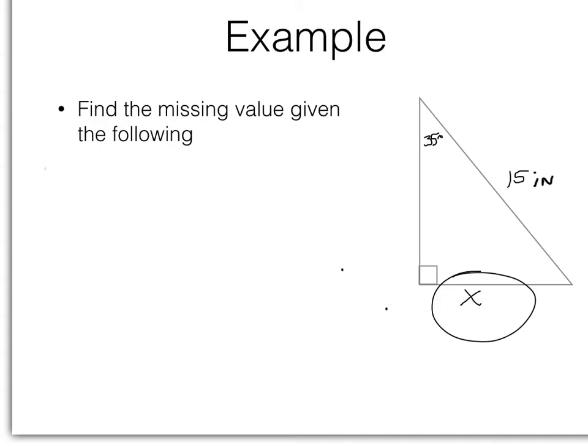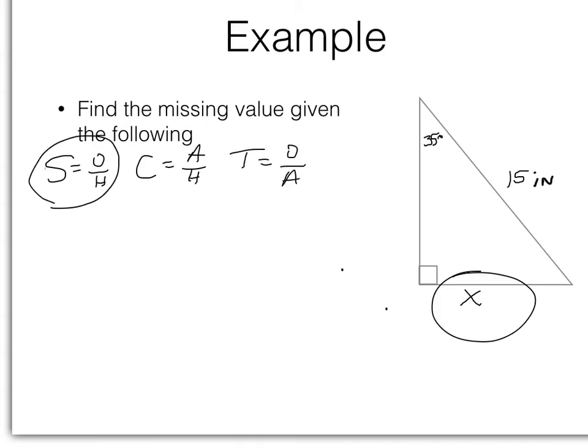Now, we have 35, we're looking to find its opposite side, and we're given a hypotenuse. So if we think sine is opposite over hypotenuse, cosine is adjacent over hypotenuse, and tangent is opposite over adjacent, then sine is the ratio that we want to use.